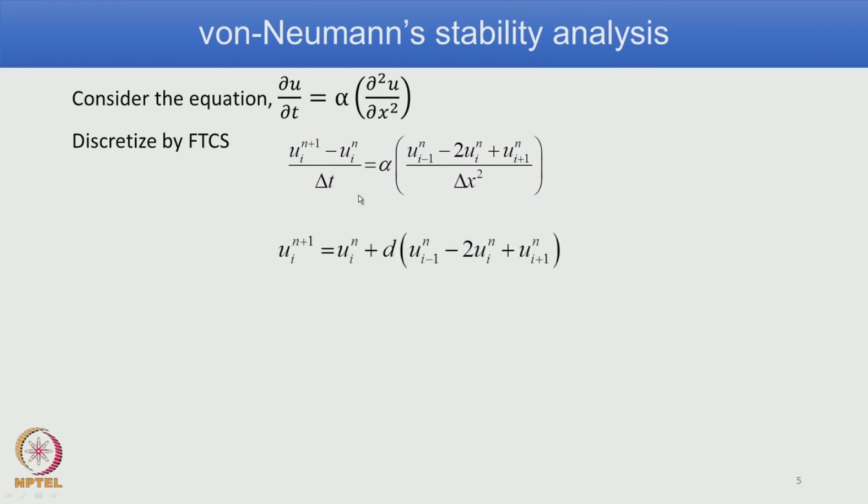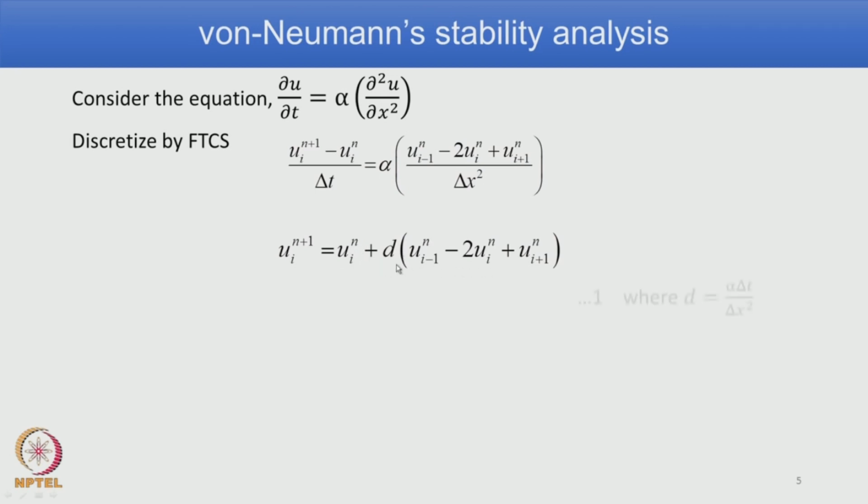Now, just a rearrangement: we take this delta t to the other side, and u of i, n is also a known value, because it is evaluated at the nth level, so it also goes to the other side. The only quantity to be determined is u of i, n plus 1. So, that is rewritten and you get u of i, n plus 1 equals u of i, n plus d into this.